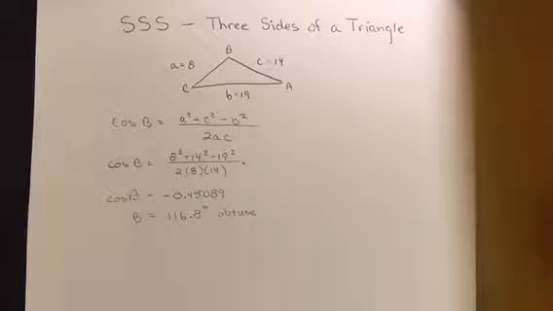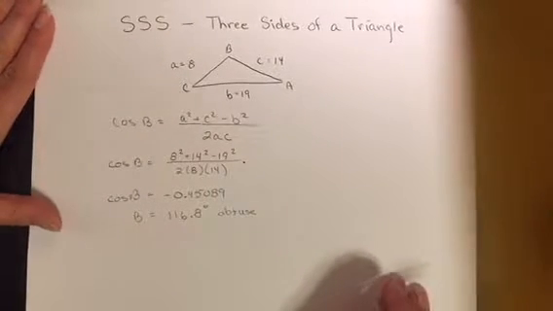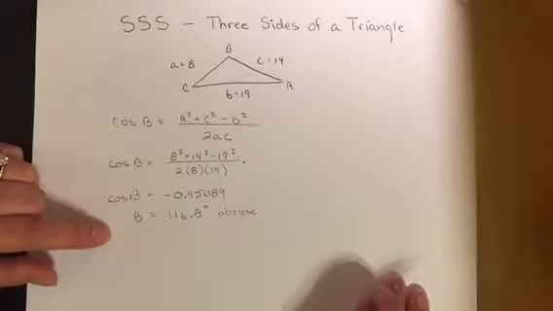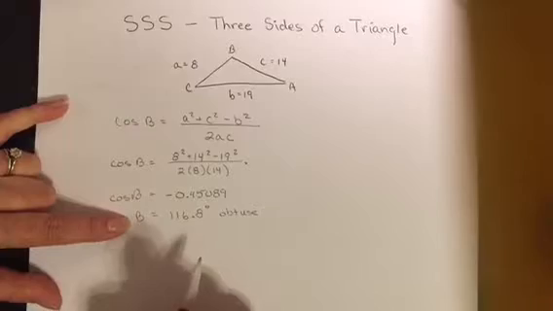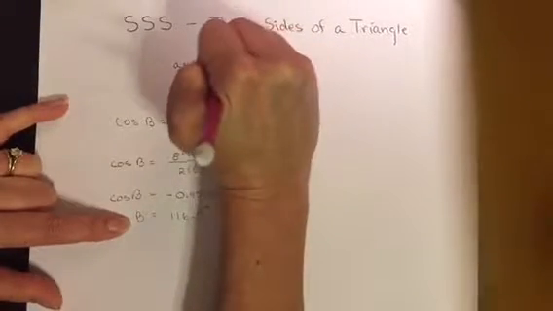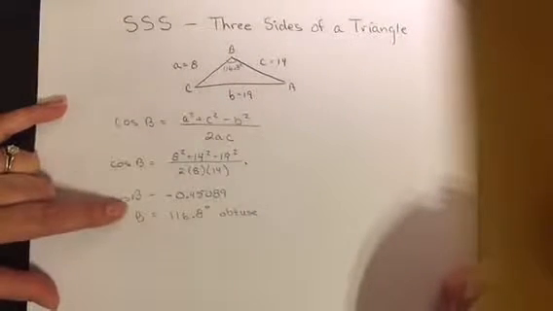And that gives me positive 0.45089. So I know that that angle cannot exist in my triangle. All right, so now I need to move into solving the rest of my triangle. So I'm going to put 116.8 here just to keep track.